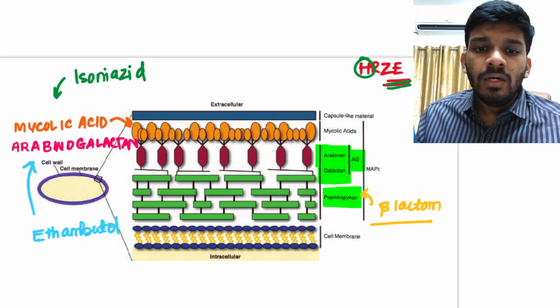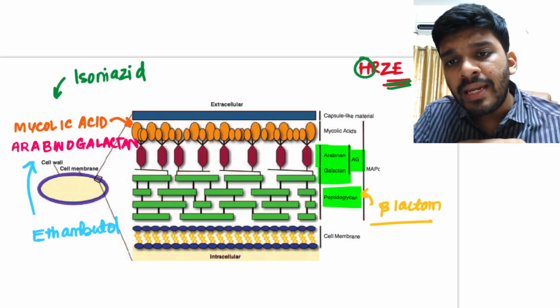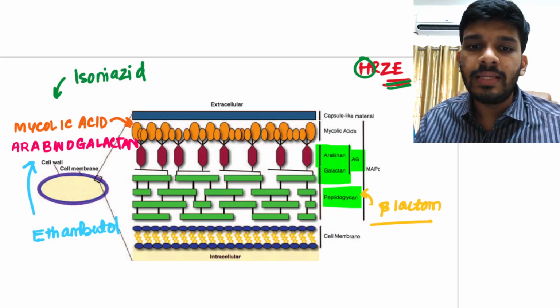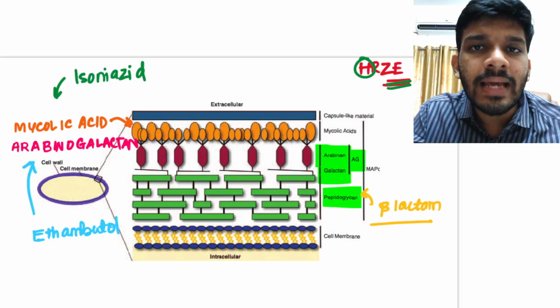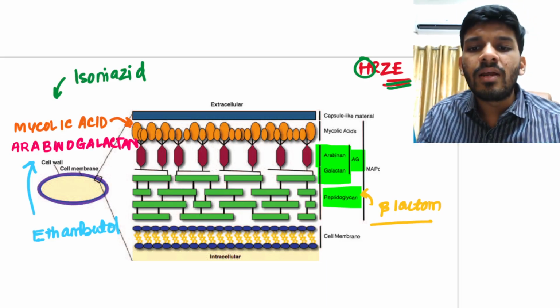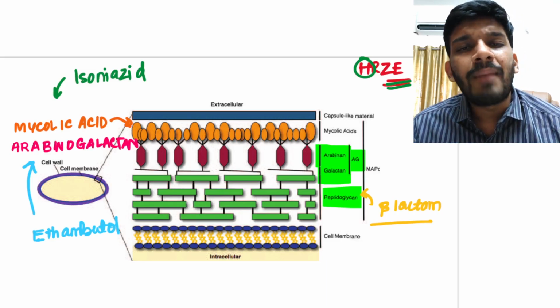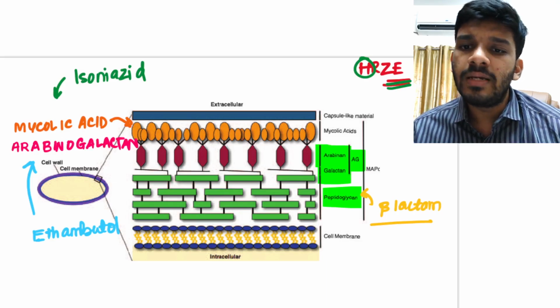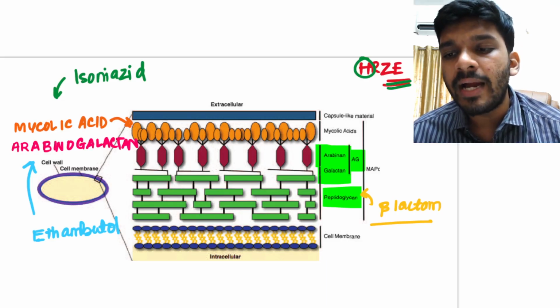Okay, so mycolic acids, the important thing to remember is they are very, very long chain fatty acids. They have approximately 70 to 90 carbon atoms. Your usual stearic acid, palmitic acid, remember they were around 16 carbon, 18 carbon, these kinds of molecules. But mycolic acids are almost 80, 90 carbons, and they are therefore very, very hydrophobic.